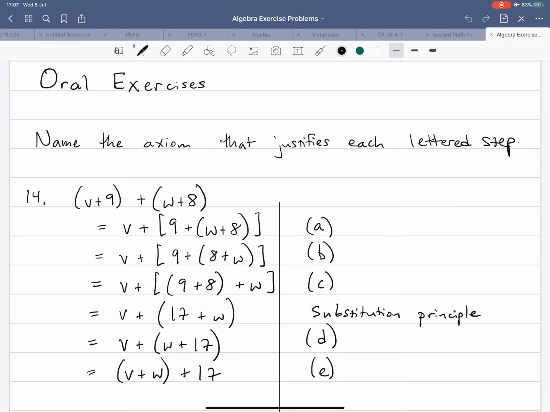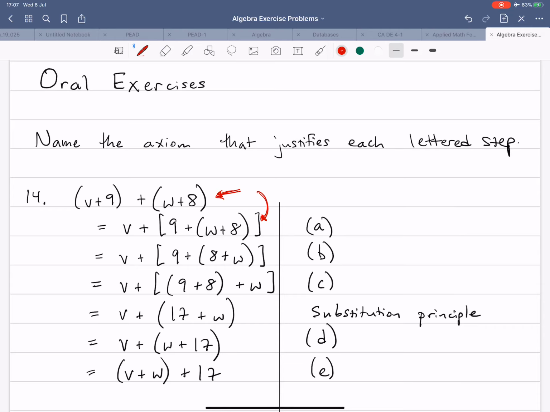Okay, so what we have is quantity v plus 9 plus quantity w plus 8. And to go from this expression down to this first expression, all we did was reassociate our numbers, right?